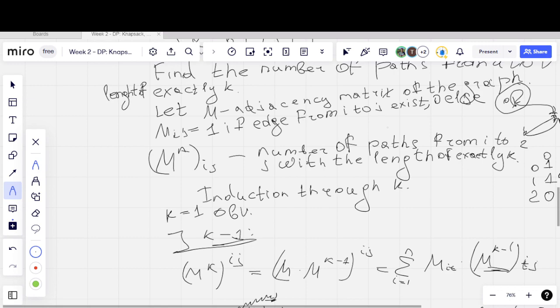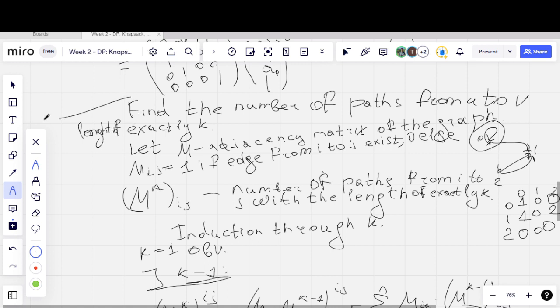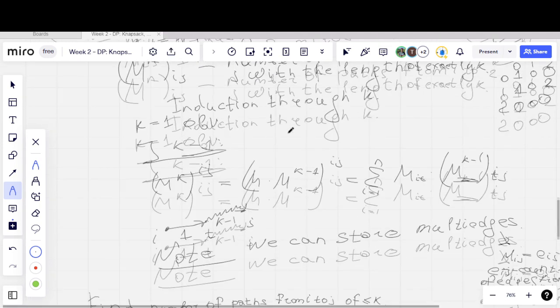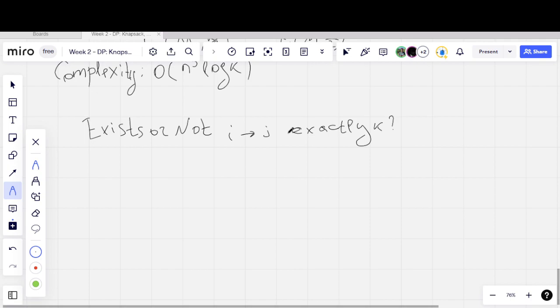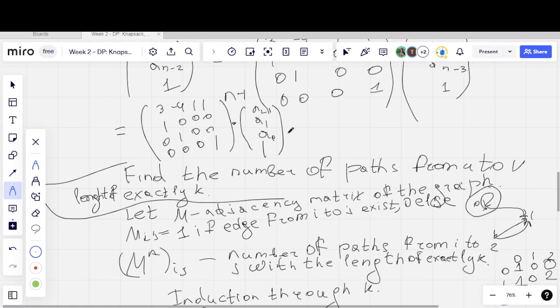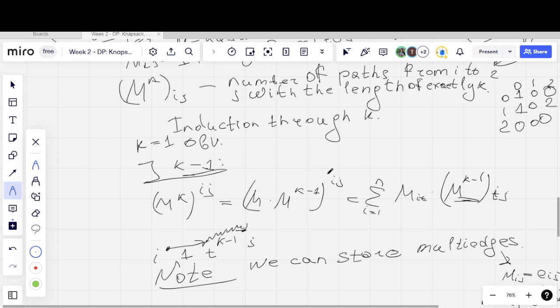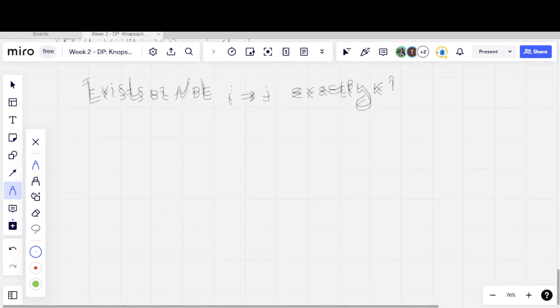Okay, then if you look carefully at this task, it is very similar to this one.